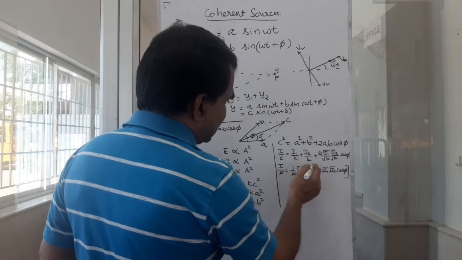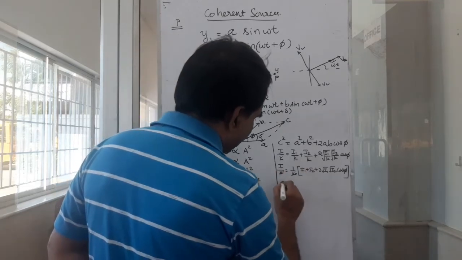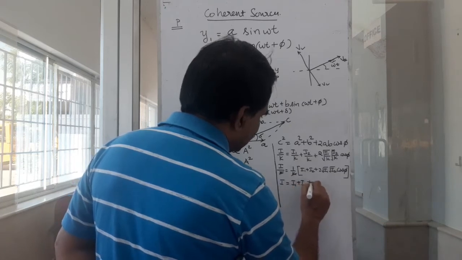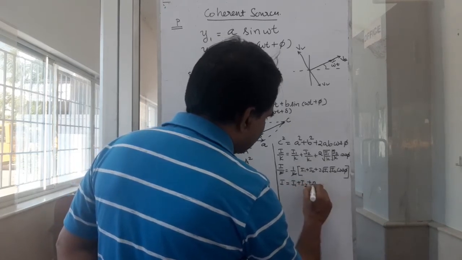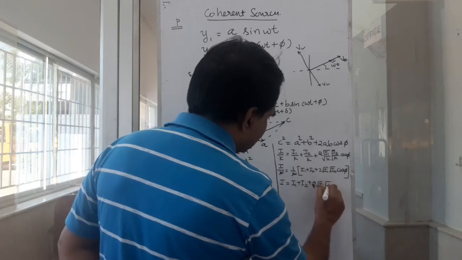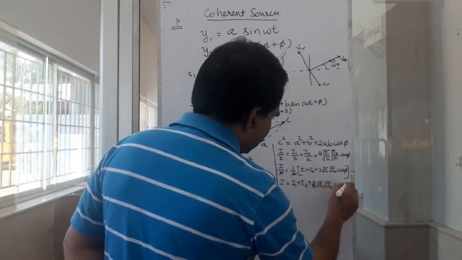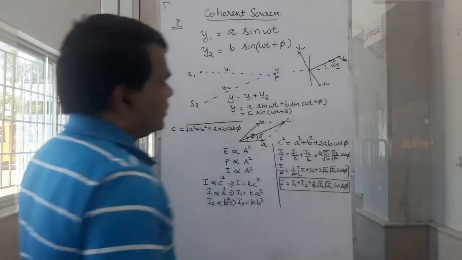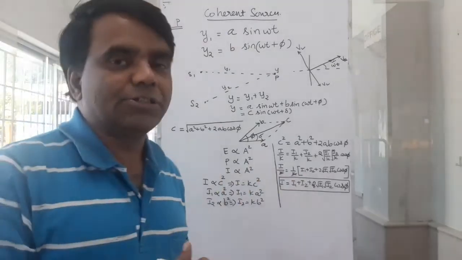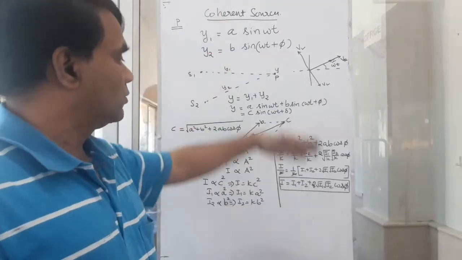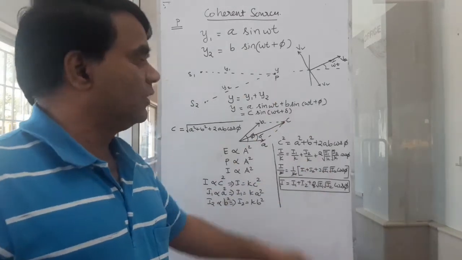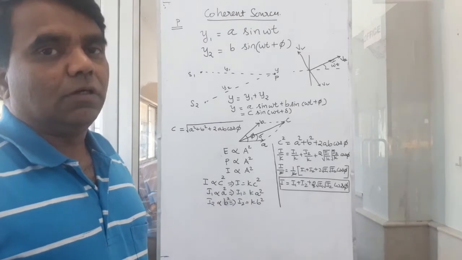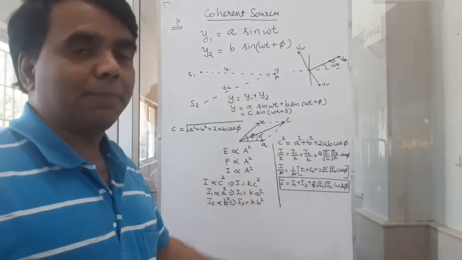So k and k can cancel, so that gives me I is equal to I1 plus I2 plus 2 root I1 root I2 cos phi. So this is the most general equation for superposition of two coherent waves from two coherent sources. This is the most general equation. This works for any A, any B.